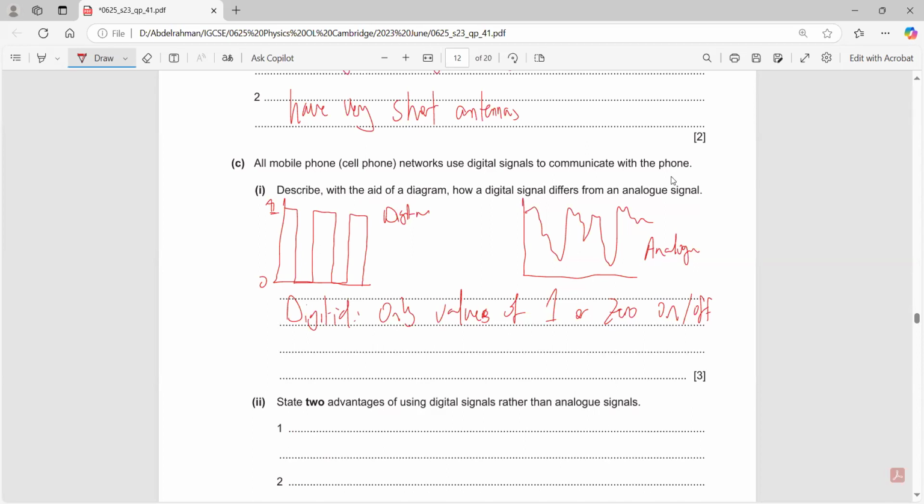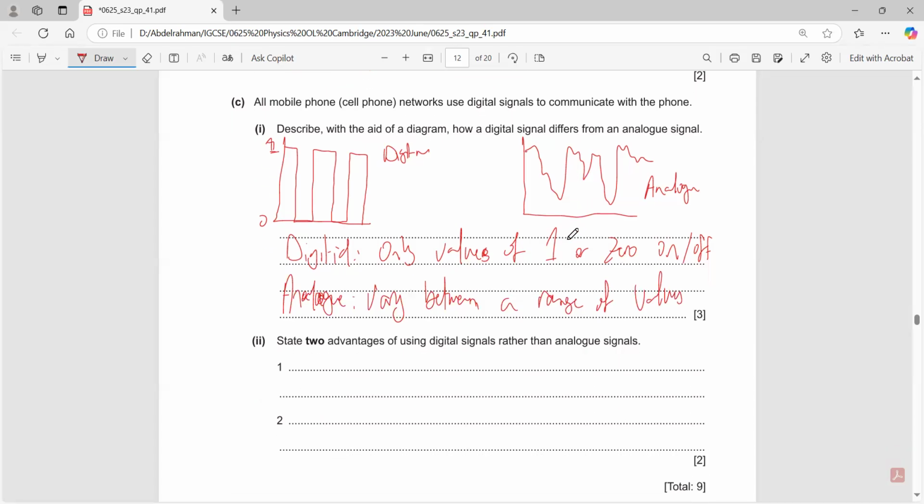But analog can vary between a high value and a low value, between a range of values.